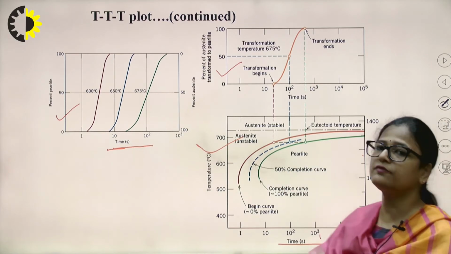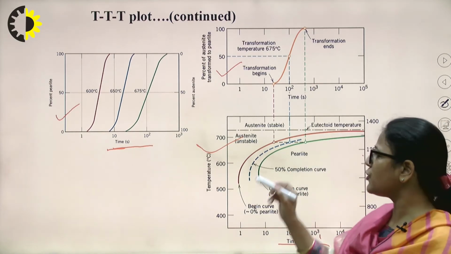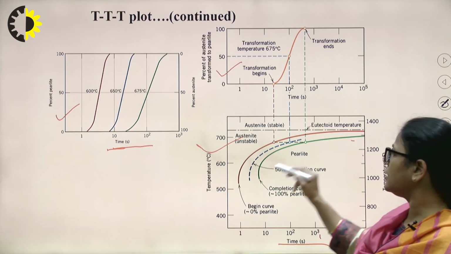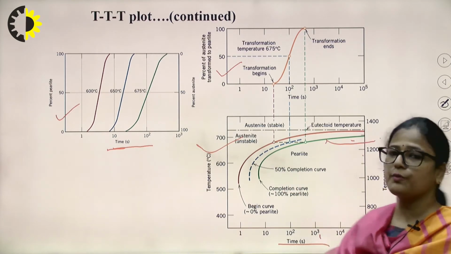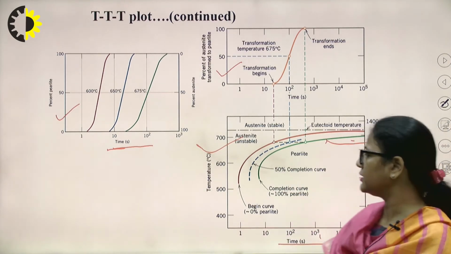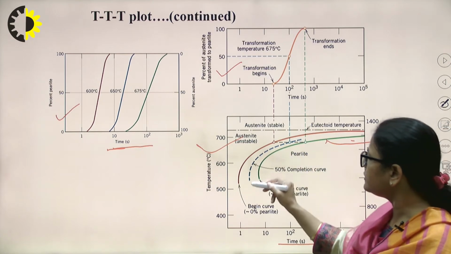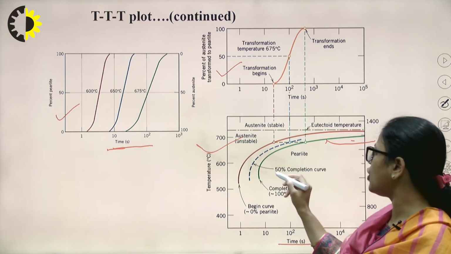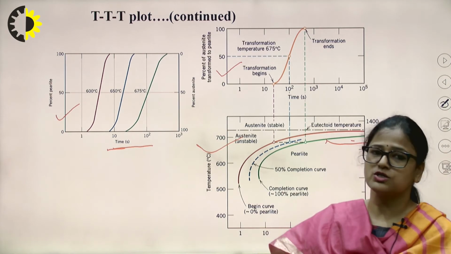This red curve is showing the transformation start curve, and this green curve is showing the transformation completion or end curve, and this dotted blue line is showing the 50% completion of transformation from austenite to pearlite.